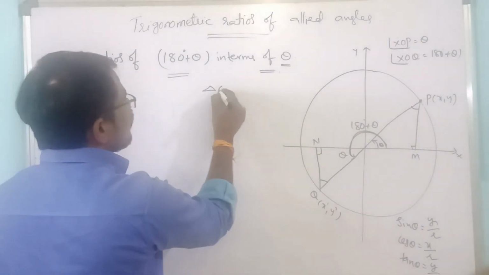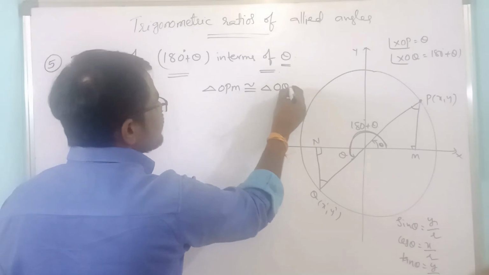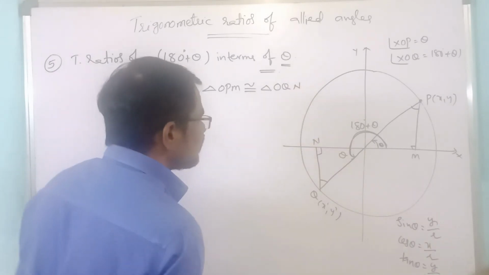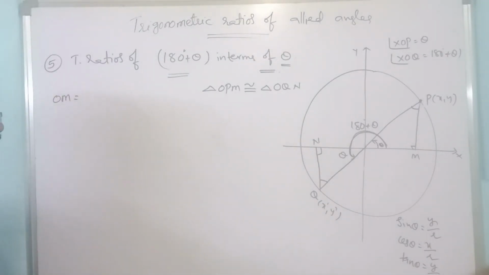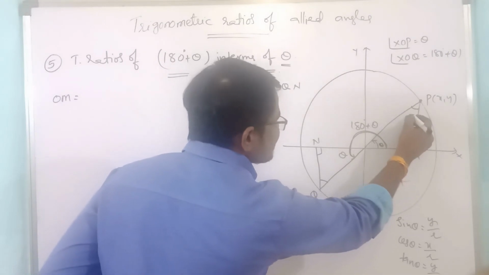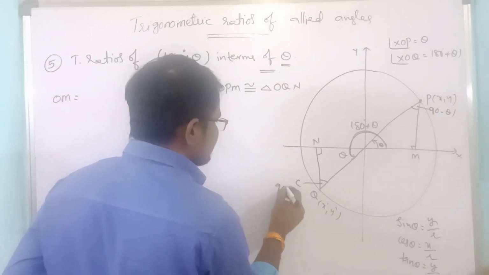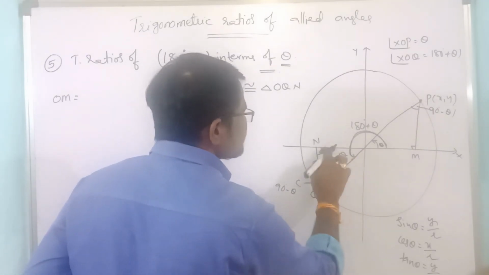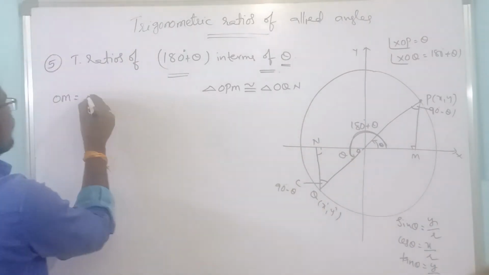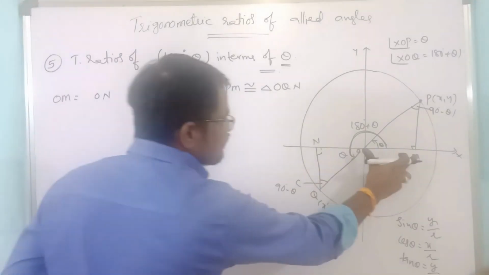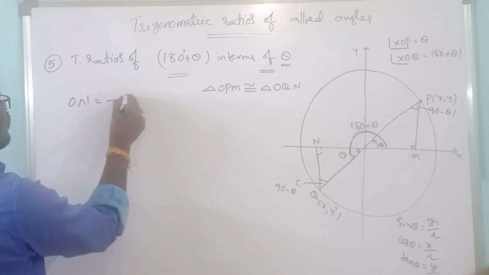This means triangle OPM is congruent to triangle OQN. Now OM is opposite to this angle, which is 90 minus theta, and here also 90 minus theta. For these two, the opposite sides are OM and ON, and these are the same, so OM equals ON. But this is positive, this is negative, so you can write ON equals minus OM.